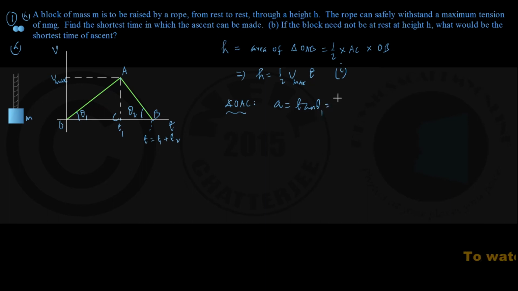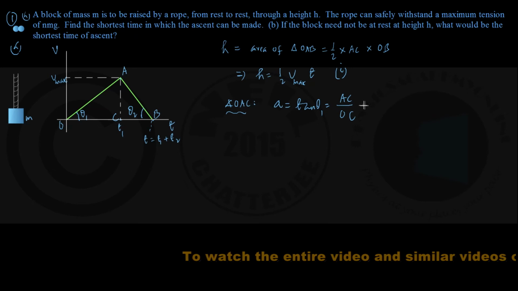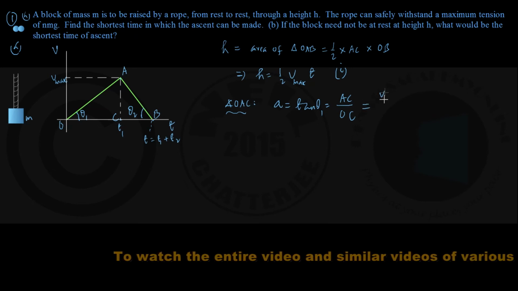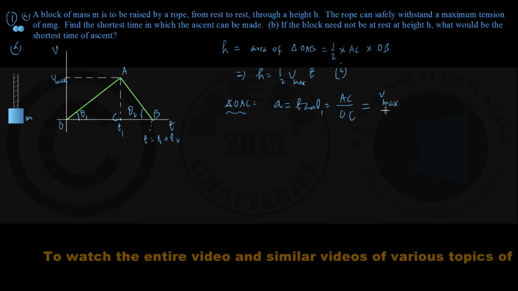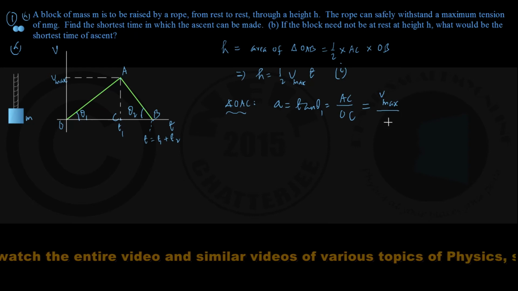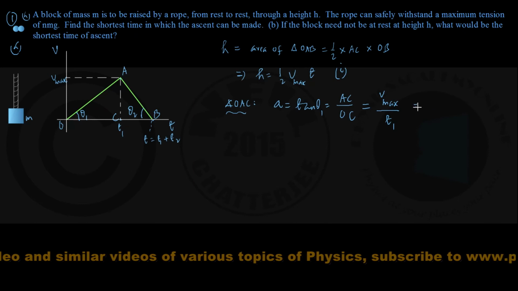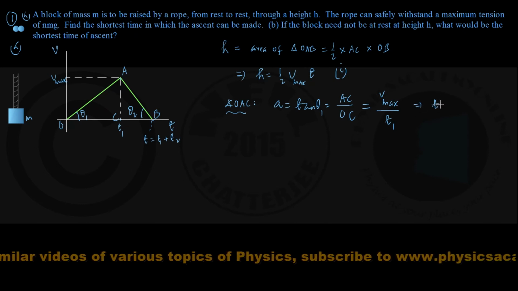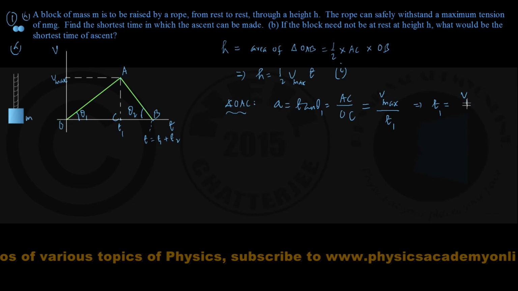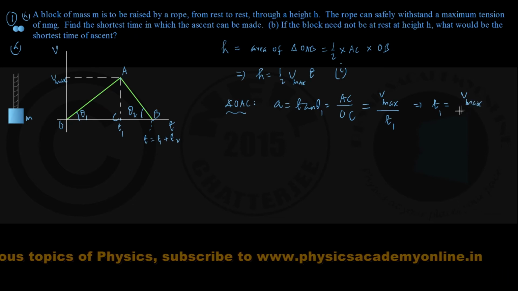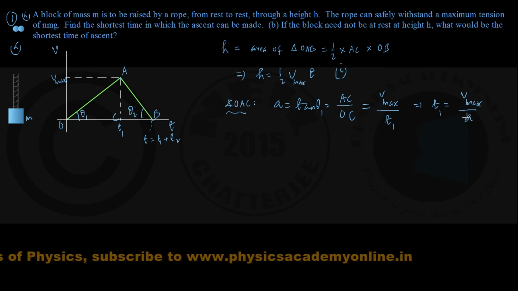In this triangle OAC, tan theta 1 is perpendicular by base, which is AC divided by OC. But AC represents Vmax and OC represents the time of accelerated travel, that is taken to be T1. So from here, I could write down that T1 is equal to Vmax by the acceleration, isn't it?